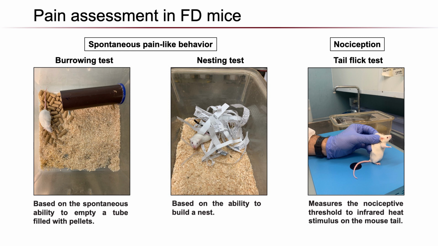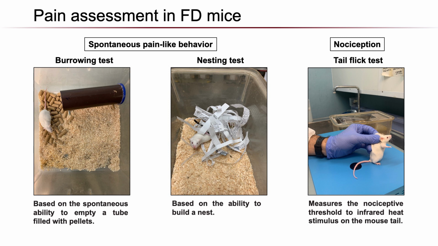One is the burrowing test, which is based on the spontaneous ability to burrow whatever you put in the tube, and then the nesting test, based on the spontaneous ability of the mouse to build a nest. The third test we chose assessed nociception, and it was the tail flick test. This test measures the nociceptive threshold to an infrared stimulus on the mouse tail.